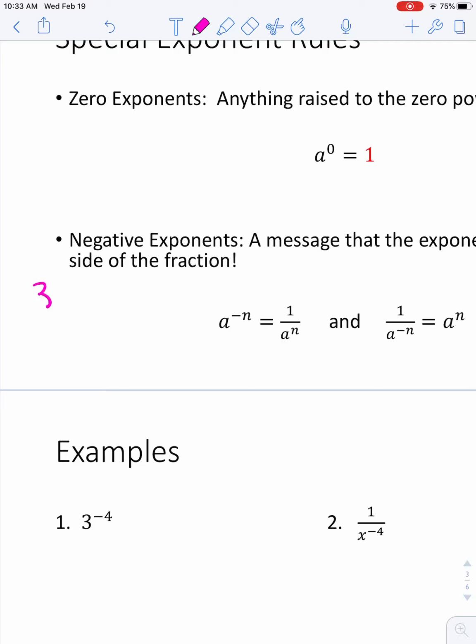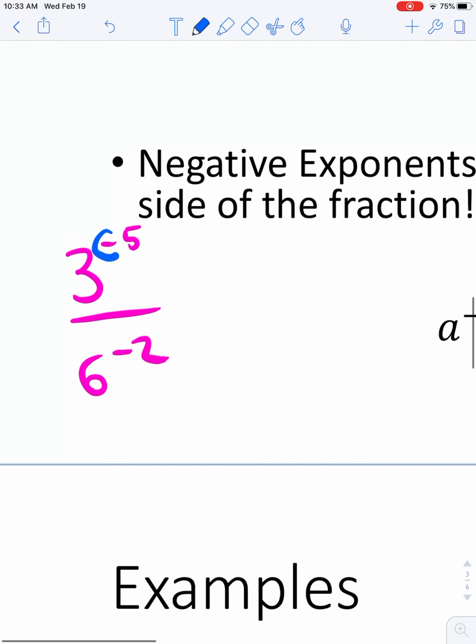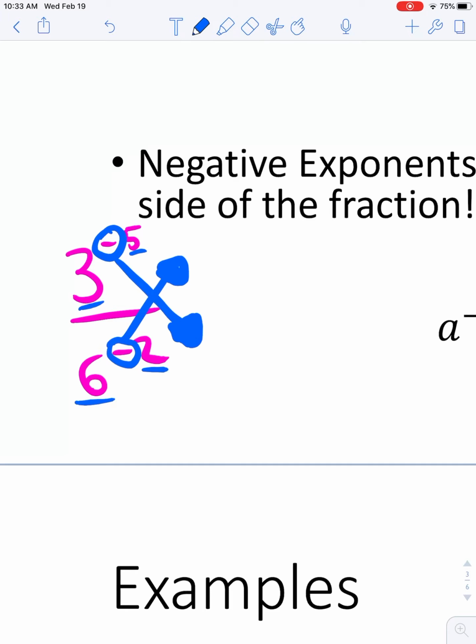If I had something like 3 to the negative 5th and 6 to the negative 2nd, this negative 5 would be telling me that the 3 to the 5th is in the wrong place. It needs to go on the other side of the fraction. It needs to go down. This 6 to the negative 2nd would be saying, oh, this 6 squared, it's in the wrong place. It needs to go up. So this would actually turn into 6 squared over 3 to the 5th.